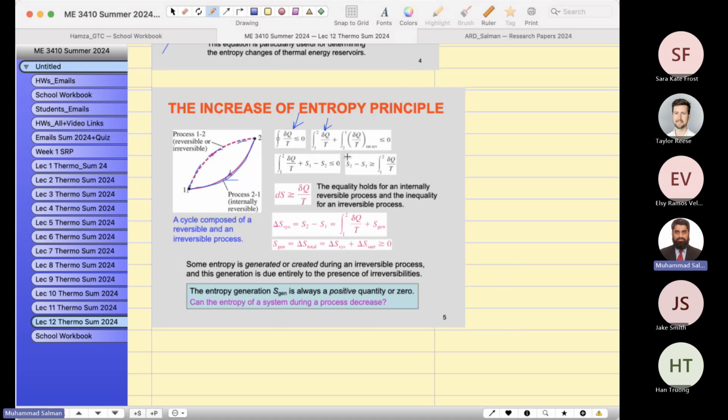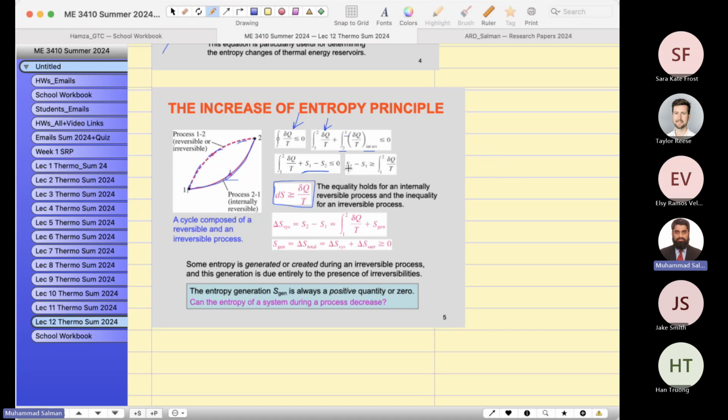From 2 to 1, it is a reversible process. And for a reversible process, we have final minus initial entropy. And in the end, you will see this is equal to this formula. If you do the math here, entropy always increases.